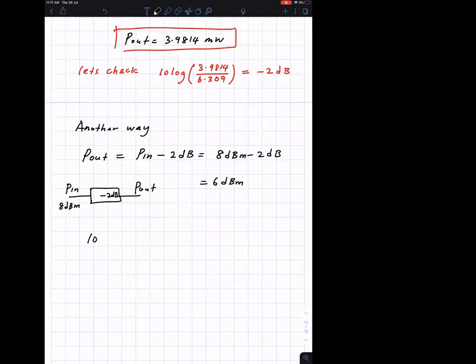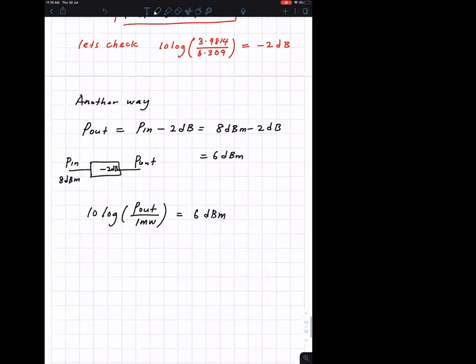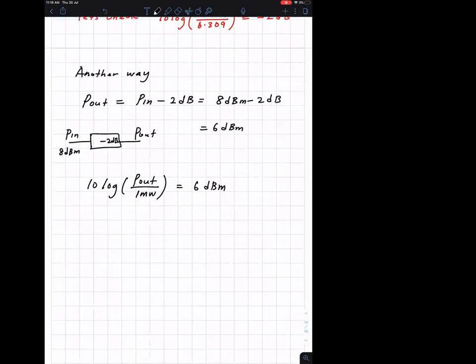Okay, 10 log P out over 1 milliwatt is 6 dBm. So log of P out over 1 milliwatt is 6 over 10.